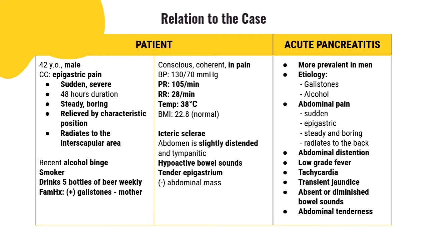Risk factors include the recent alcohol binge that he had, and he is a smoker, and the amount of alcohol intake. He also has a family history of gallstones on the mother's side, and he is tachycardic and tachypneic with a low-grade fever. Icteric sclerae is also present, and his abdomen is slightly distended. He also has hypoactive bowel sounds and tender epigastrium. That's why we considered acute pancreatitis. Thank you.